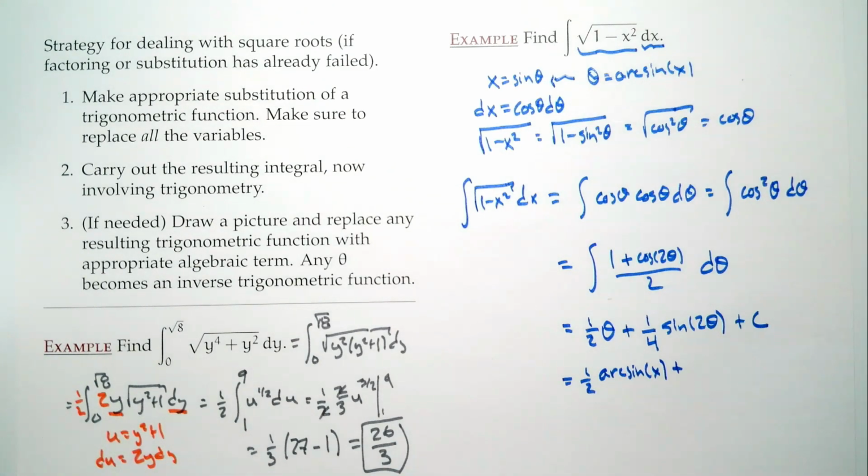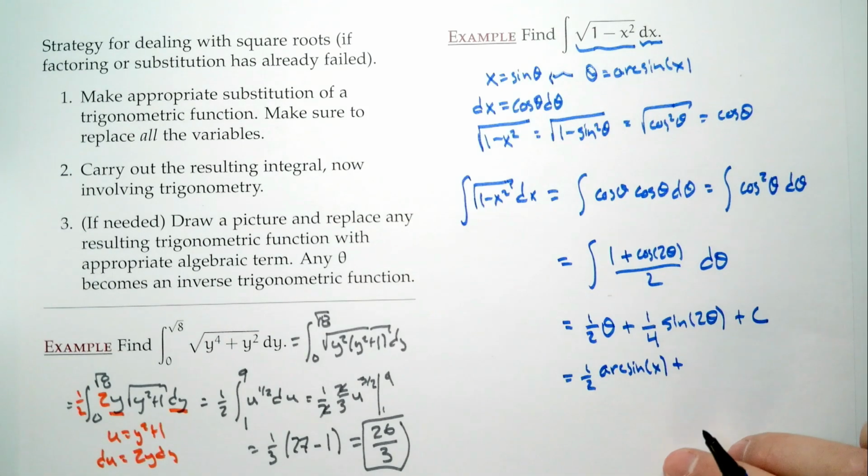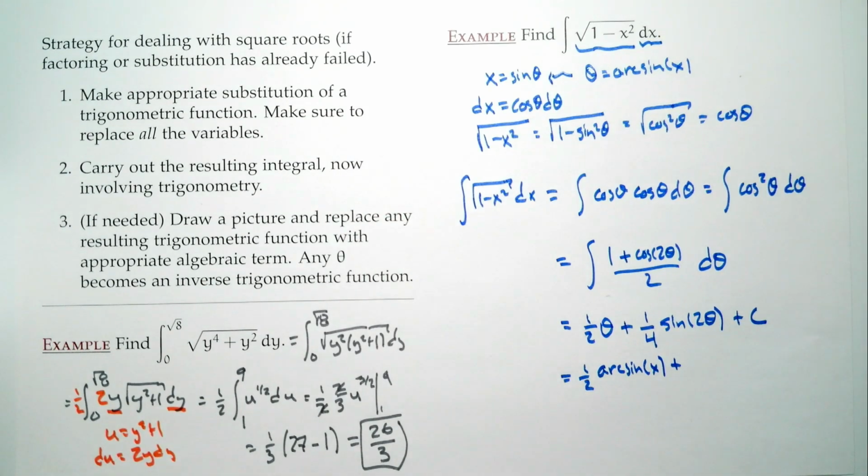Now here's the challenge with sine of 2 theta. It's the 2 on the inside. Because we know what sine theta is, but we don't know what sine 2 theta is. In particular, we know that sine theta is equal to x. So how can I make sine 2 theta look like sine of theta?